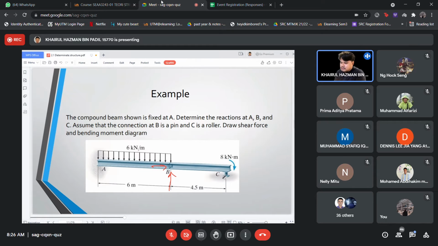And for C, it is a roller, so we have one reaction. And at A, we have a fixed support, so we have one, two, and three. Three reactions.